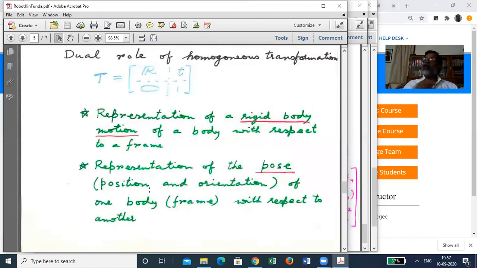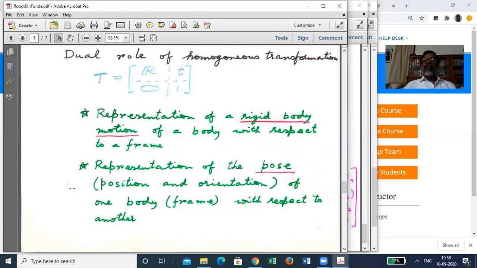So with every rigid body you attach a frame of reference. Now the rigid body can rotate and translate. From the original configuration, it has come to another configuration. So the change from identity to something is given by that same matrix, which gives that rigid body motion.